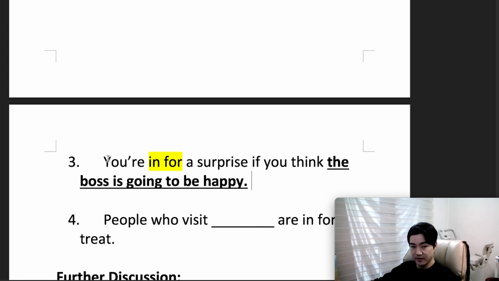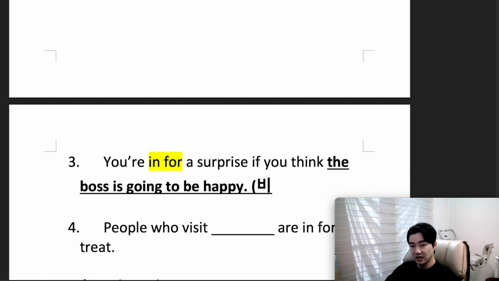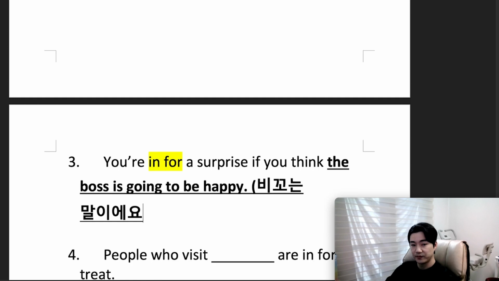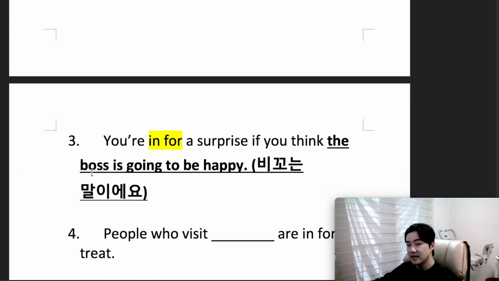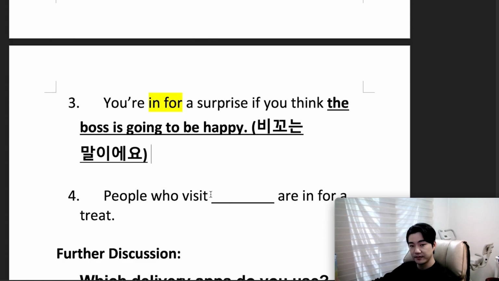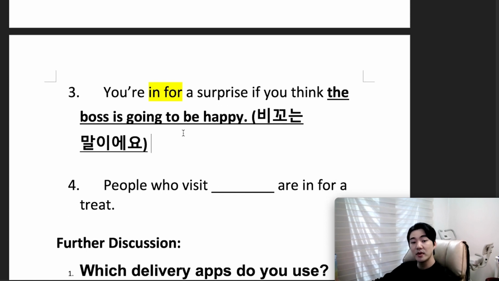He's not going to be happy, or she's not going to be happy. This is used in that sarcastic way. This is sarcasm. In reality, he will probably be angry. So remember, you can use in for a surprise, in for a treat as sarcastic or genuine.